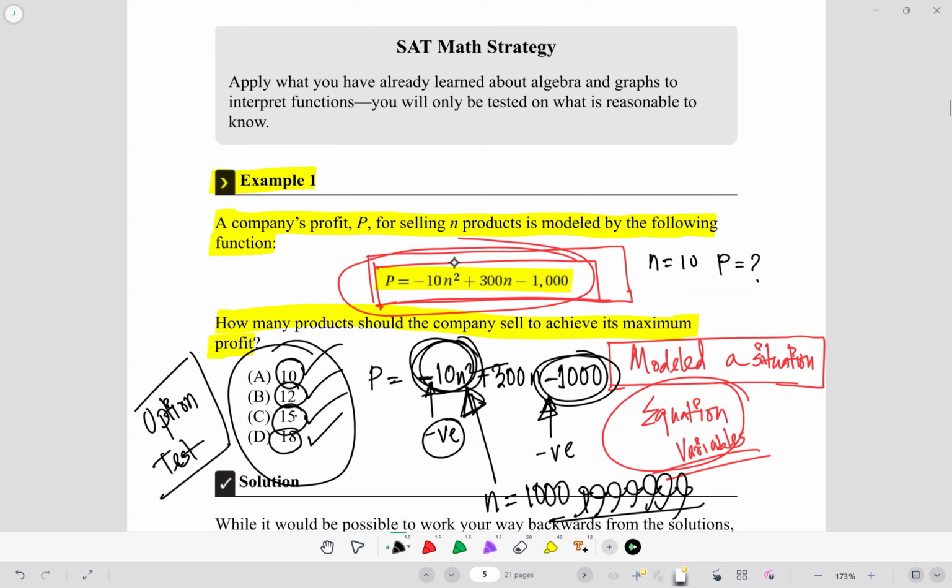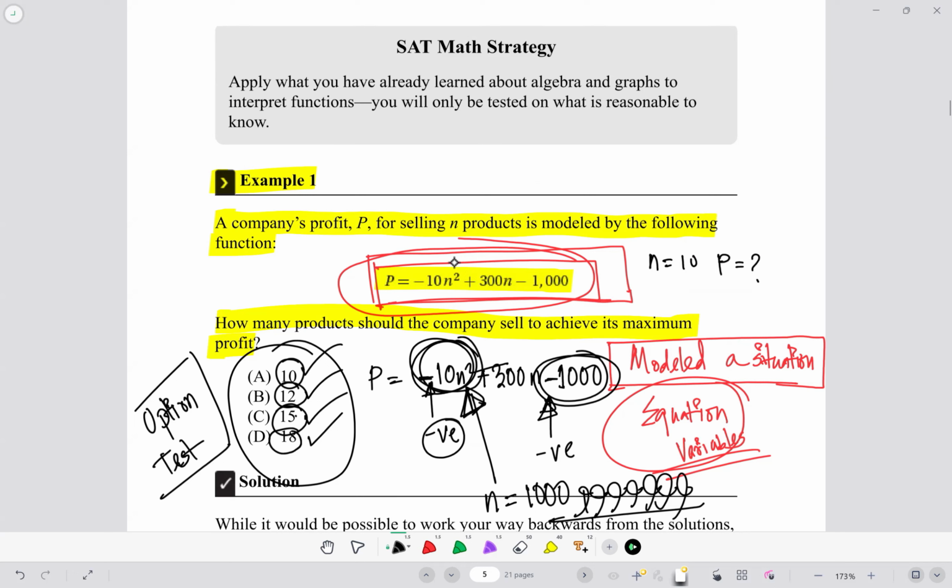The greatest P, and the value of n that gives you the greatest P value, the corresponding n value.